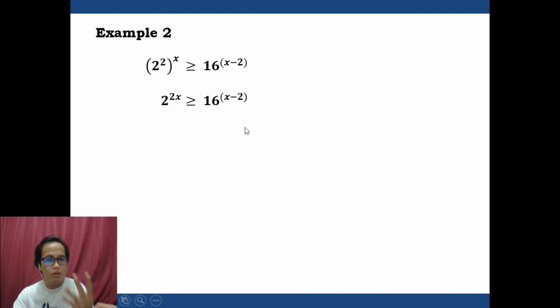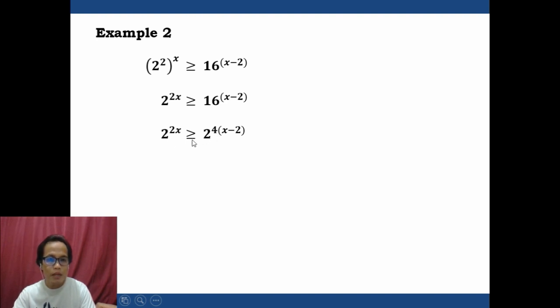So, dapat ang atong exponent sa 2, dapat 4. So, that is 2 raised to 4. So, we copy 2 raised to 2x, then greater than or equal to. Instead of writing 16, ato na nang gisuwat og 2 raised to 4. So ato rang gi-change ang 16 to the exponential form, which is 2 raised to 4.